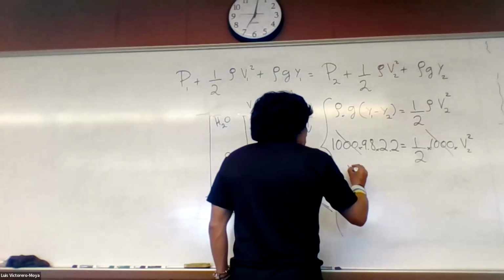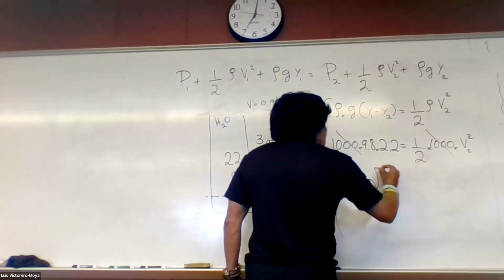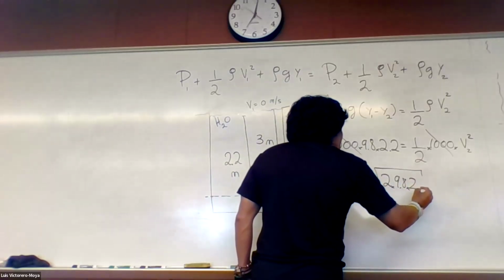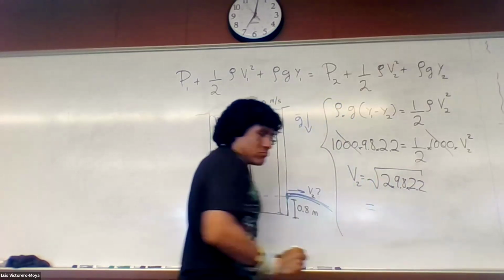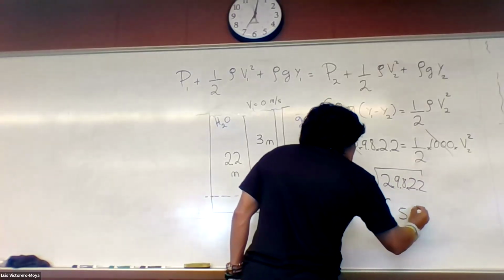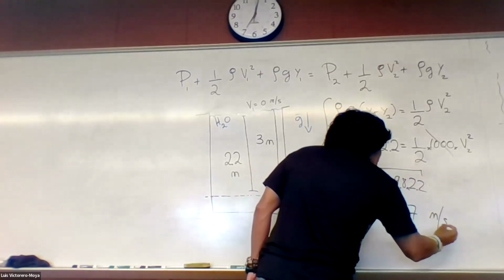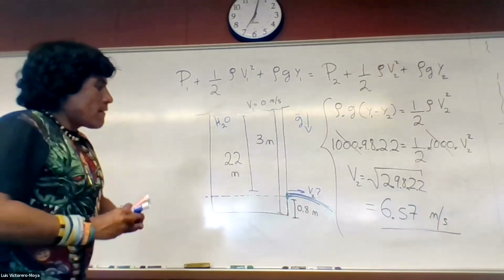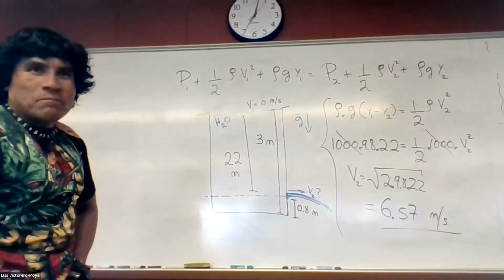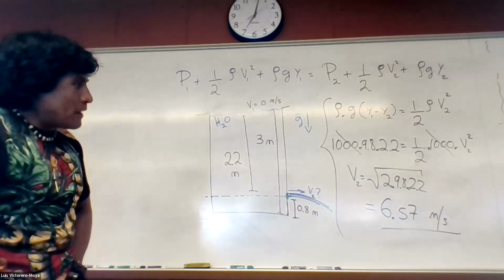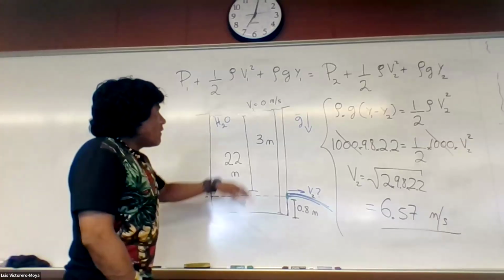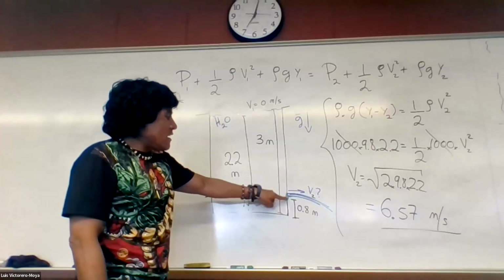So V2 is just the square root of 2 times 9.8 times 2.2, basically the square root of 2gh. You get 6.57 meters per second. All right? So that's a classic example of the Bernoulli principle. Very simple one, because you don't have to worry about the velocity here, just here.